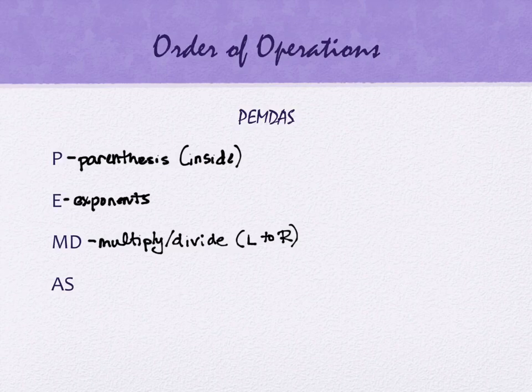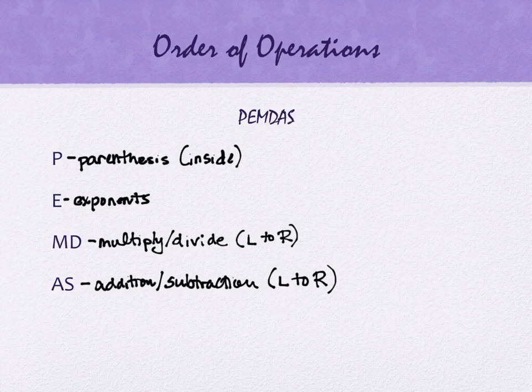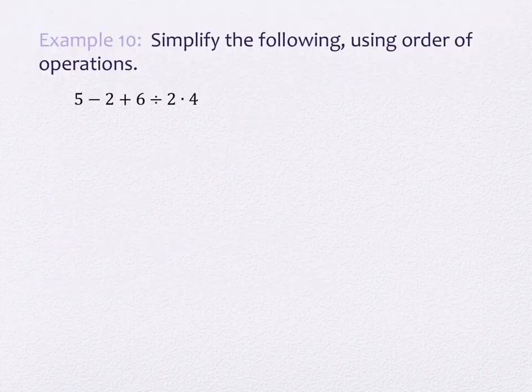And the same thing happens with the A and the S, the addition and the subtraction. So again, we're moving from left to right. I don't need to add before I subtract. All right, I can definitely subtract first if it comes earlier as I'm moving from left to right. So let's do an example of that next.